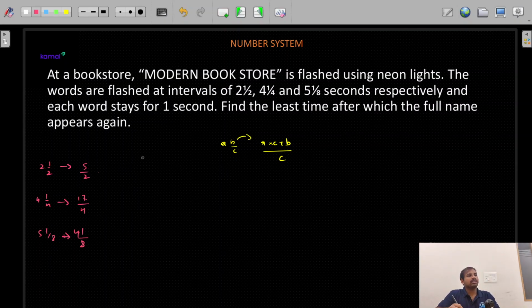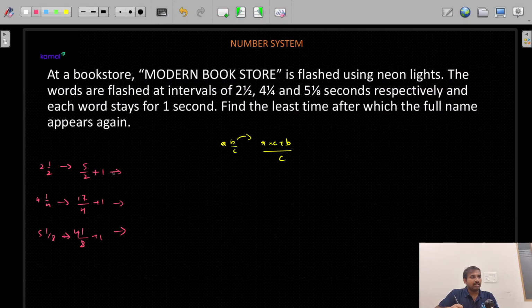So the problem here is, if it just blinks and goes off, that doesn't matter, but it stays on for 1 second more. Which means if it flashes at this time, it stays for one more second. So for this time 5 by 2 plus 1, the light correctly goes off, blinks and goes off, blinks and goes off.